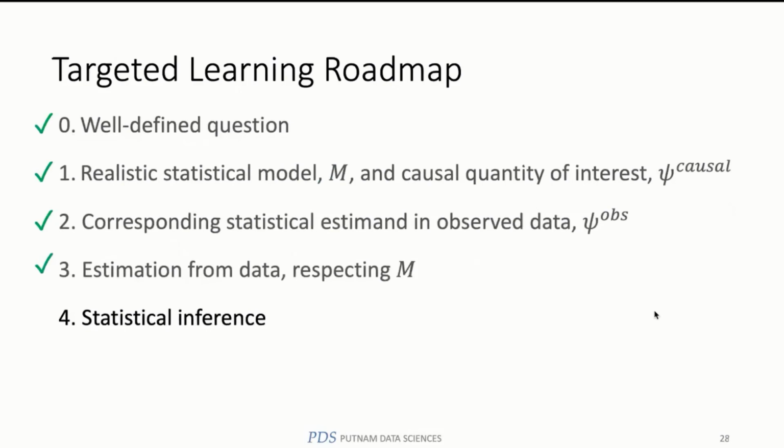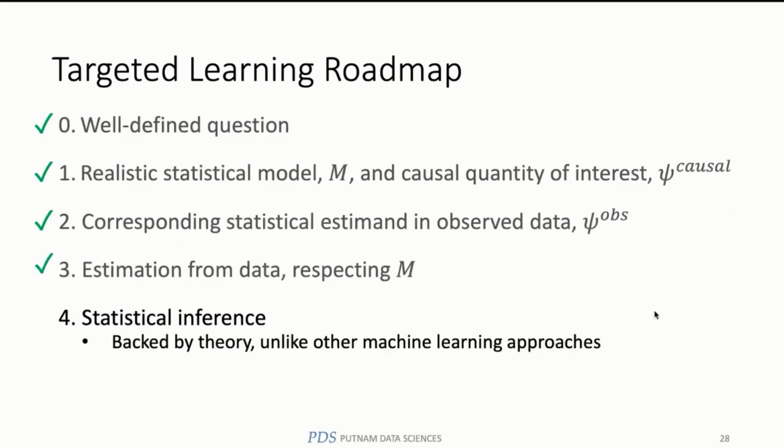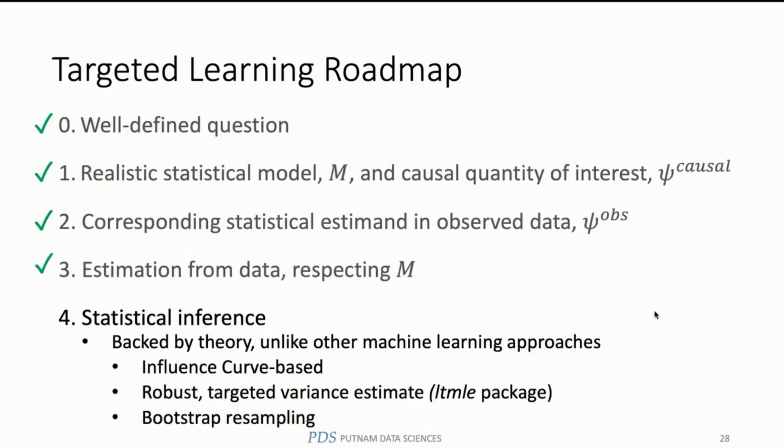So here we are in the roadmap. We're up to statistical inference, because now we have our estimate and we want to put confidence interval bounds on that, and p-values. So we have several methods that are backed by theory. In the first two, there's influence curve-based inference.